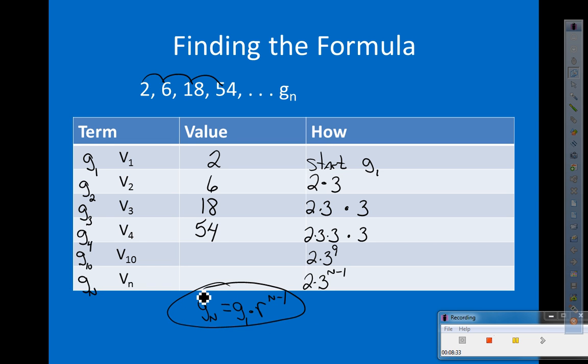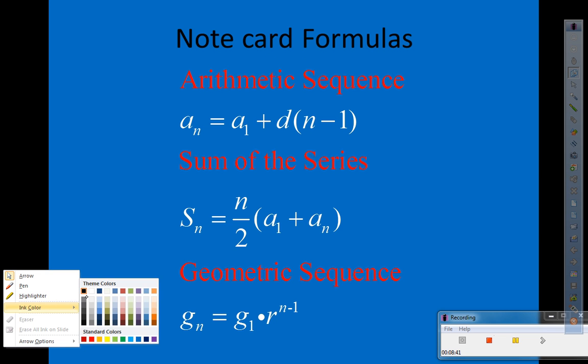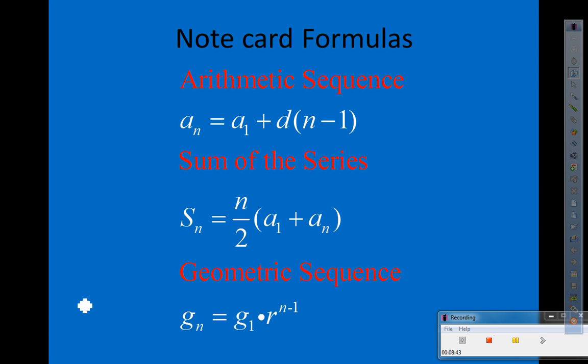Here's a formula that you can write on your note card. So I'm going to scroll to the next slide because I also have it on there. So here's what I need you to do, and then I'll pause for a second, which seems weird to me doing this on a video. You should already have these two formulas on your note card. They're arithmetic sequences and the arithmetic series. If you would, write this formula down.